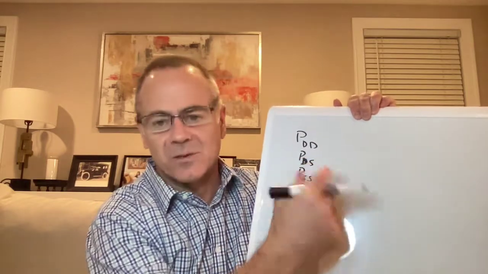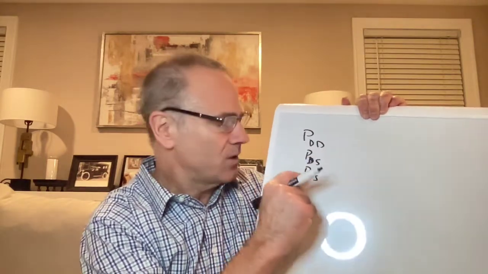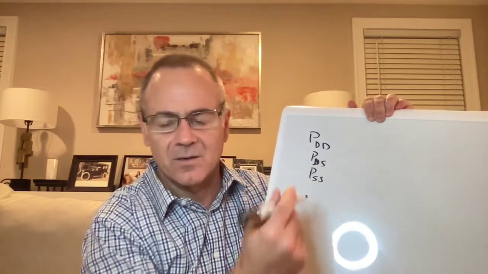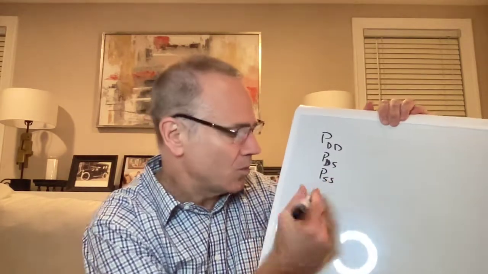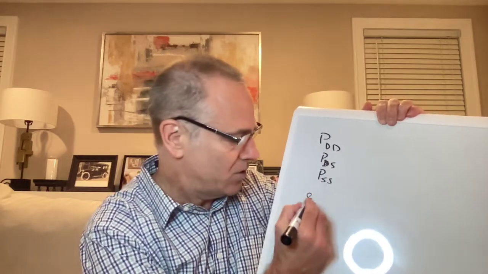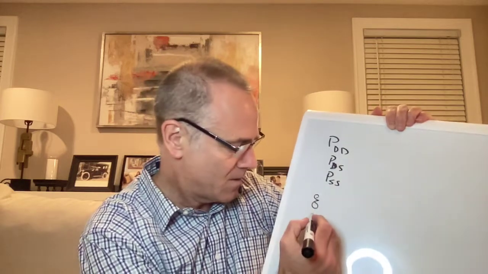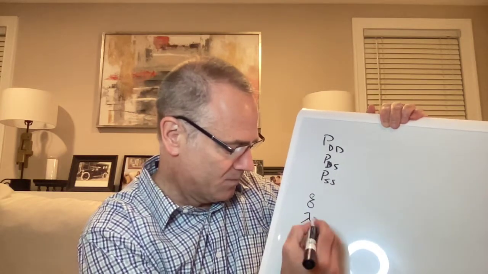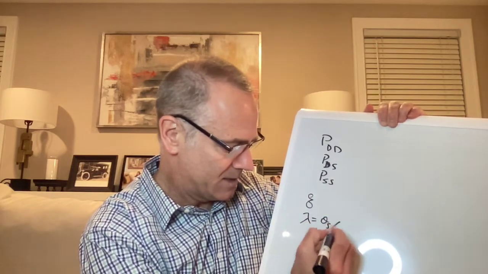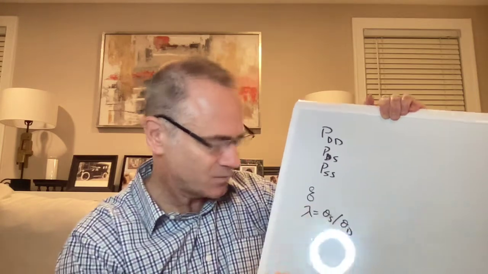Given a crash, what's the probability exactly one was drunk? PSS, given a crash, probably both were sober. And then you're going to have these terms: Q, I think that's the percent of drunk drivers on the road, and lambda, that is theta S divided by theta D.